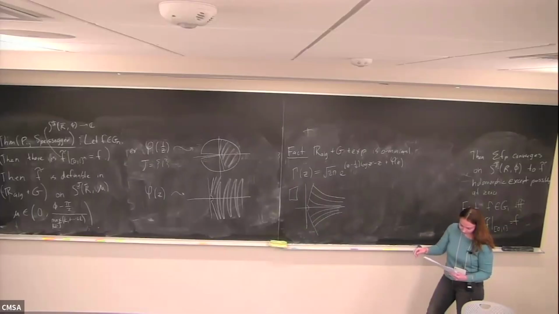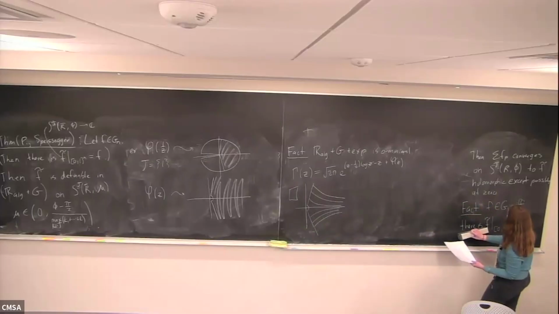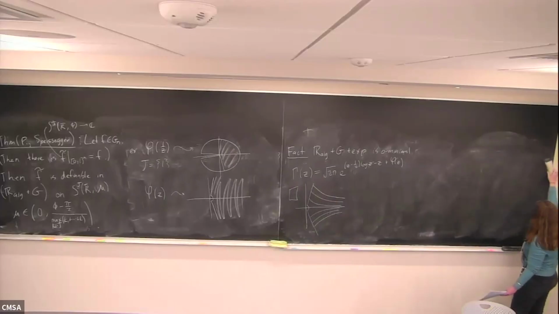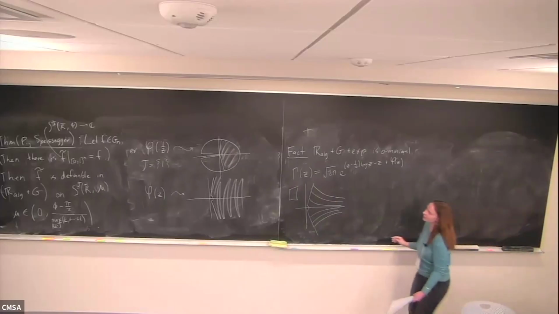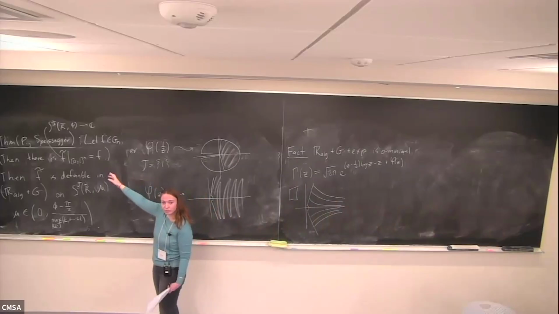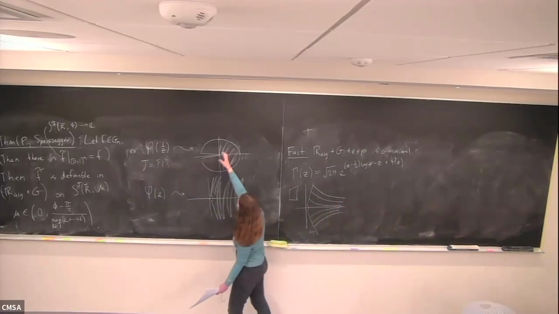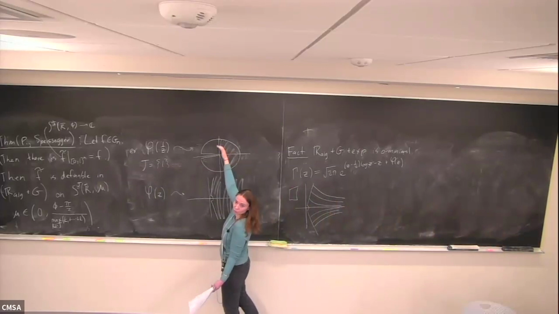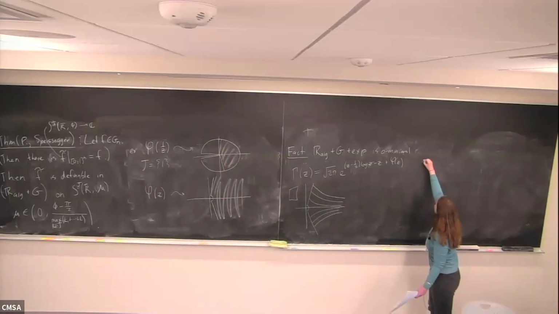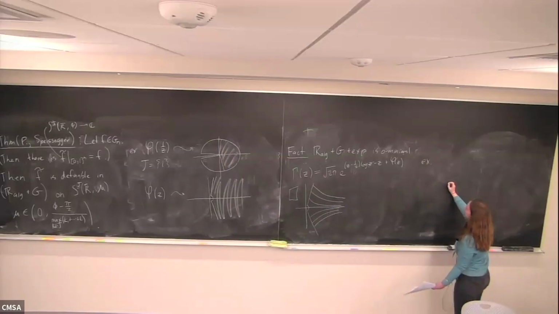One last comment I wanted to make is that in general, this theorem can't be improved, meaning you can't get tameness on wider sectors. An example to show that is the Stirling function.